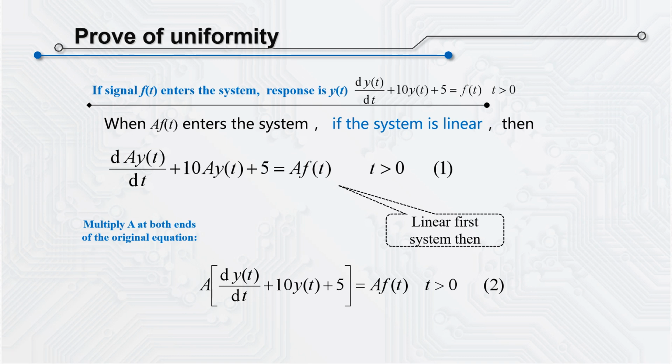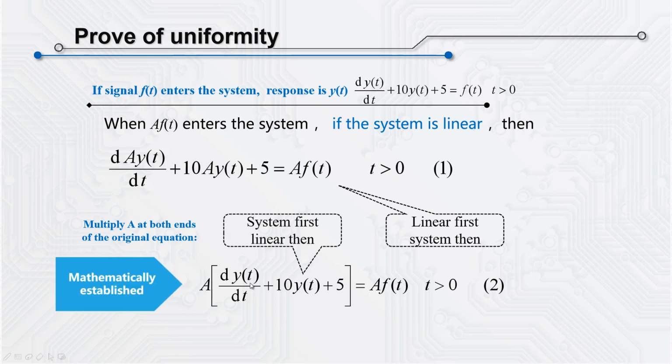In fact, formula 2 expresses the operation process where we first do the system operation, then the linear operation. How to understand? The so-called system operation first refers to when the input signal f enters the system, the output it produces is y(t). We can get the given expression.